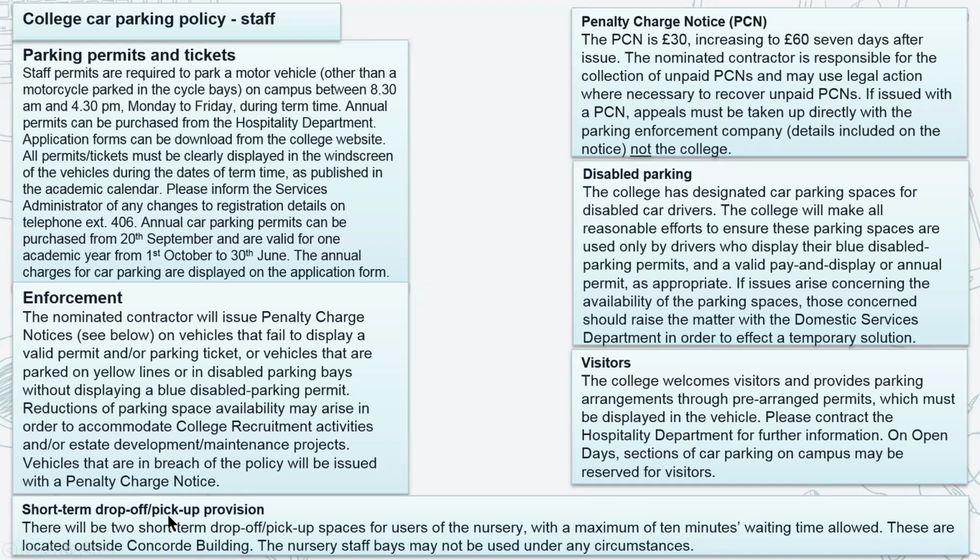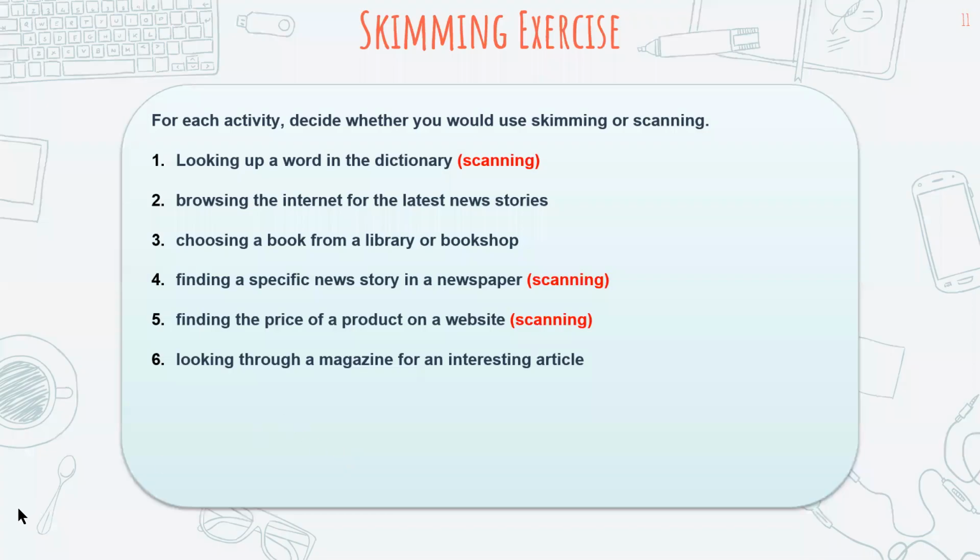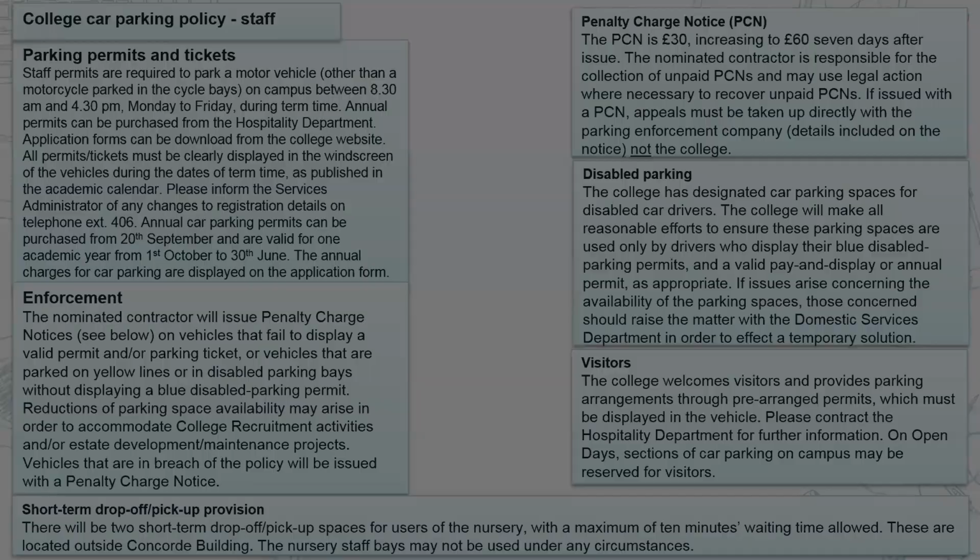So the answer could be in this paragraph, most likely. Oh, it's this building.